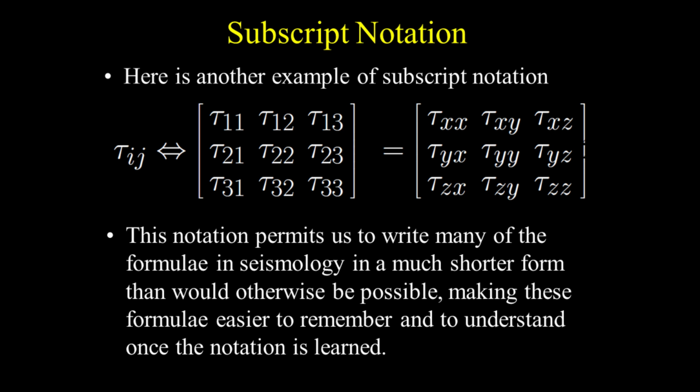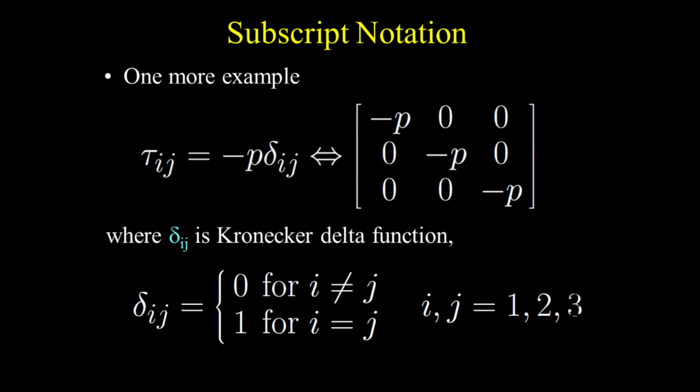This notation permits us to write many of the formulae in seismology in a much shorter form than would otherwise be possible, making these formulae easier to remember and to understand once the notation is learned. Here is an additional example of subscript notation, which includes the Kronecker symbol.